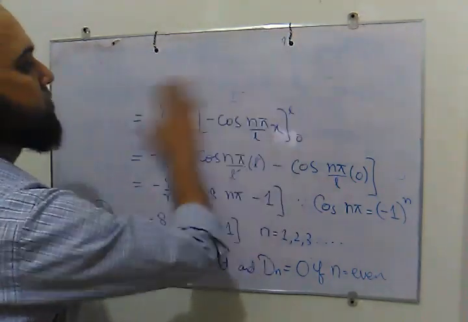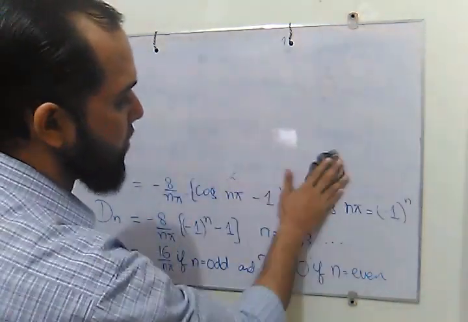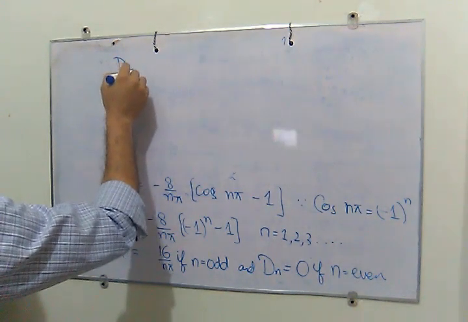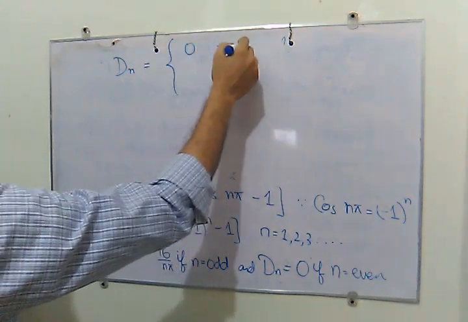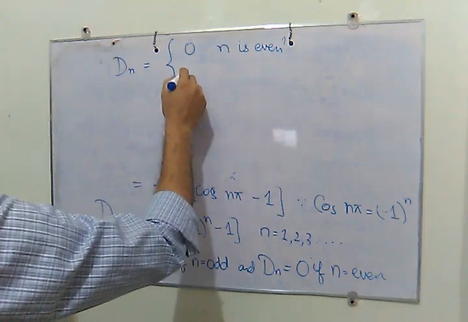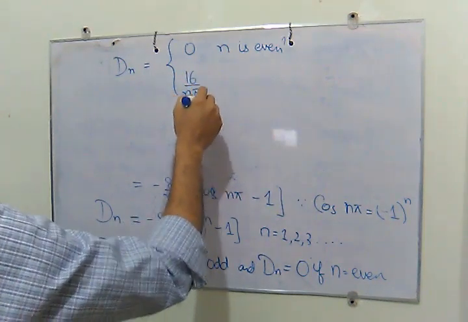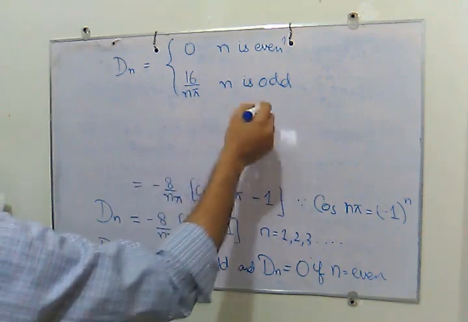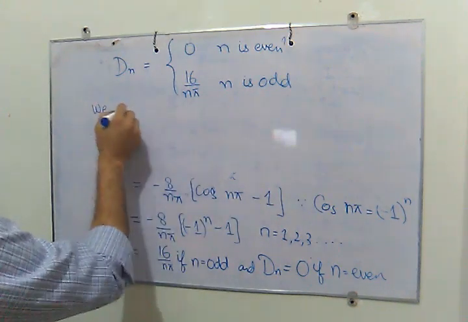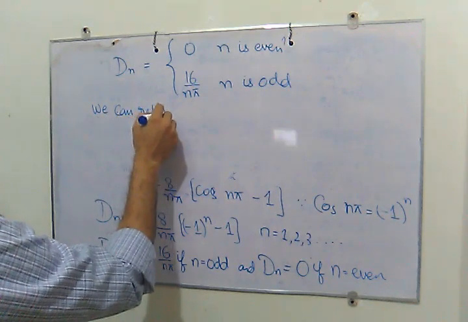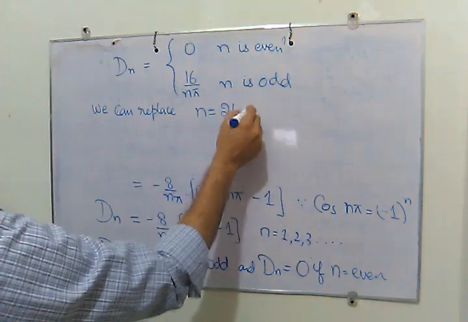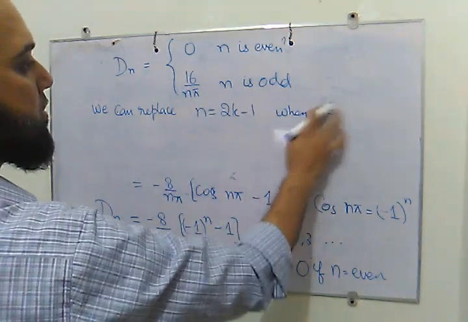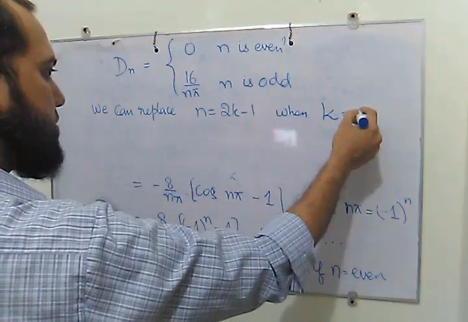So how can we write it? If we just need the odd values and want to get rid of the even values, we can replace n is equal to 2k minus 1, when k is equal to 1 to infinity.